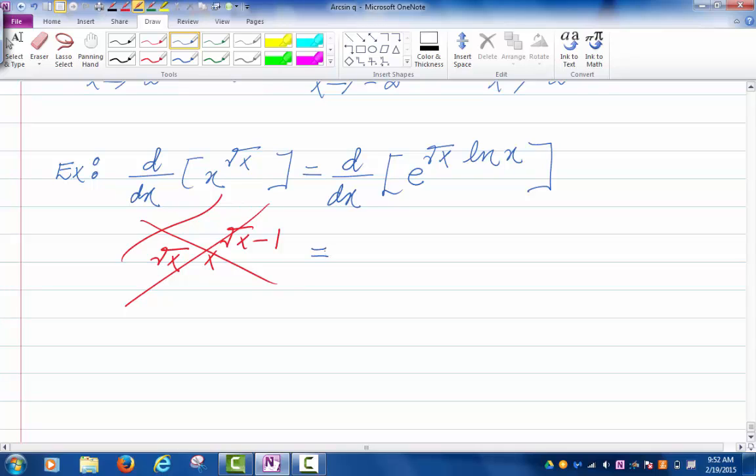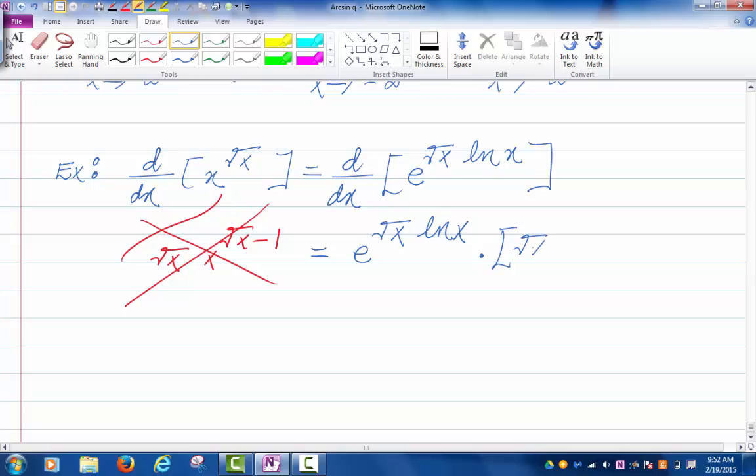What's the derivative of e to the power something? You did this in your exam. It is itself, multiplied by the derivative of the exponent. What's the derivative of the exponent? I have to use the product rule.